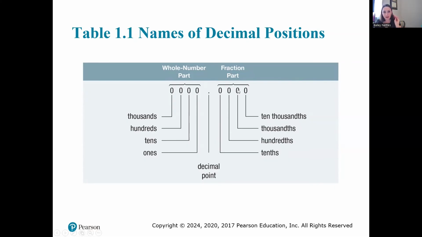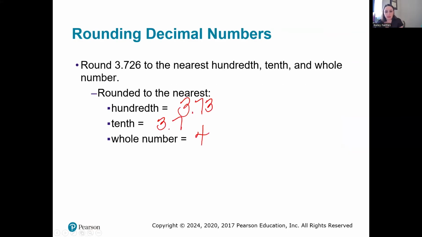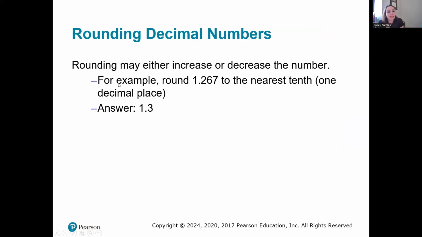So let's look at it. If I have this as my answer, but the answer says round to the nearest tenth, how do we round this? We know this is the tenth space, and to round to the tenths, we have to look at the space behind it.